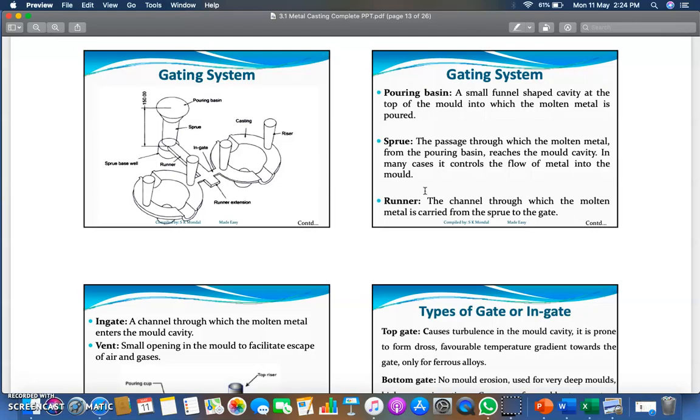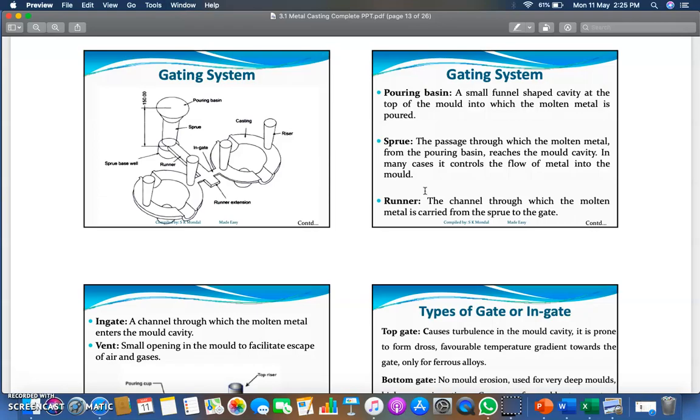As I told you, the sprue is V shaped, so during the designing of the sprue we will see why the sprue is of a specific shape, and what the advantages and disadvantages are of designing the sprue in such a shape.